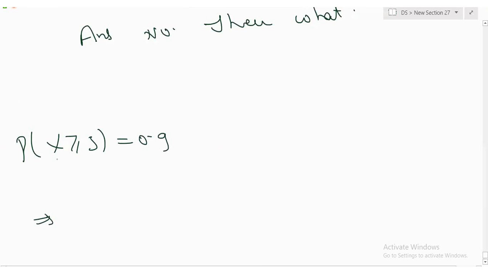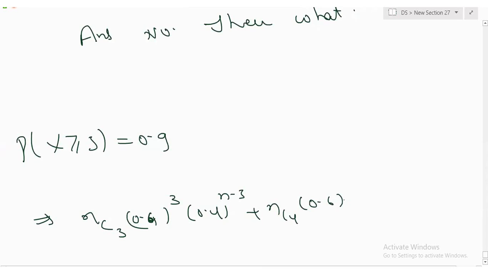This implies nC3 p^3 (1-p)^(n-3) + nC4 p^4 (1-p)^(n-4) + ... equal to 0.9, with p as 0.6 and 1-p as 0.4. What is the n value I need to substitute so that I'll get this 0.9? That I'm interested in. You guys understood this?